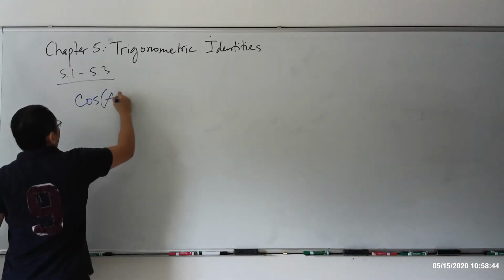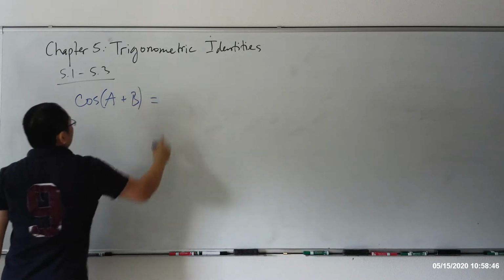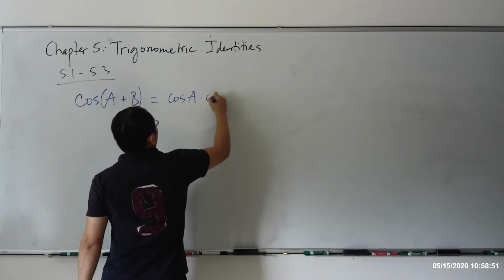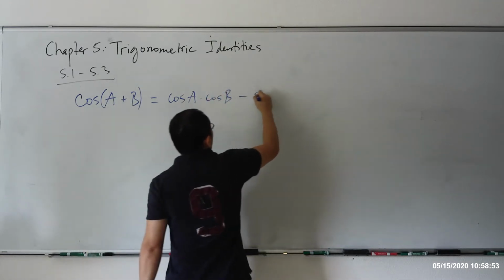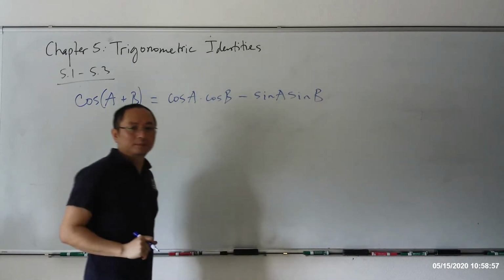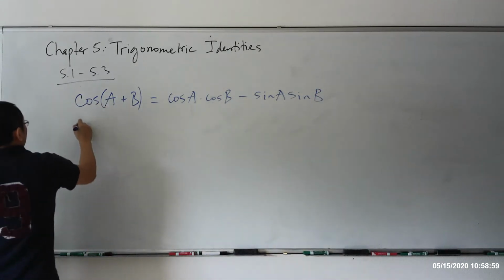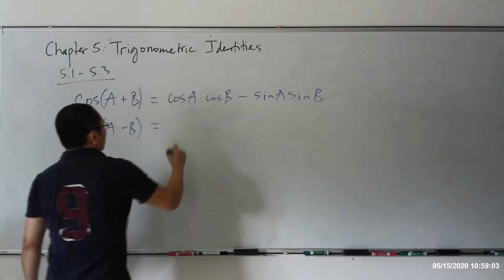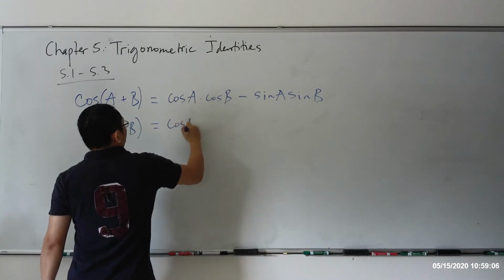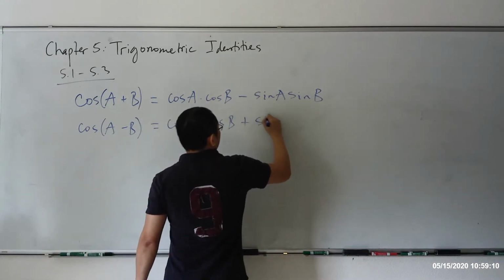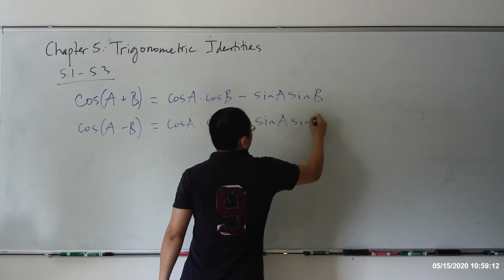Cosine of the angle A plus B is cosine A times cosine B minus sine A sine B. Cosine of A minus B is equal to cosine A times cosine B plus sine A sine B.